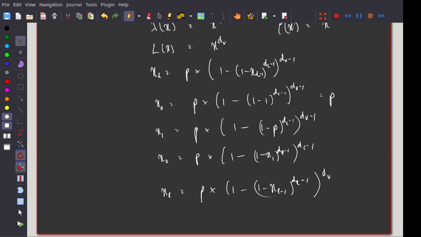That's the difference between this quantity.